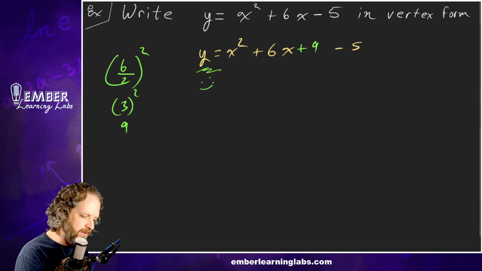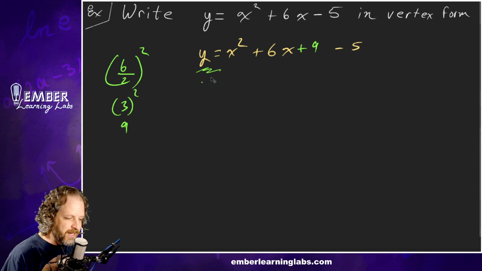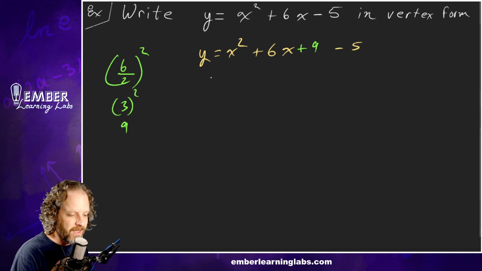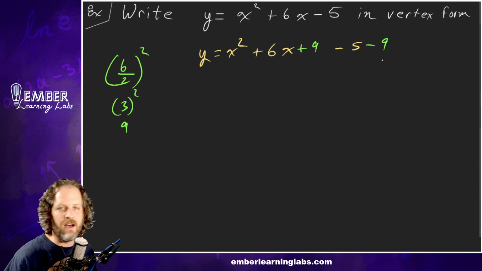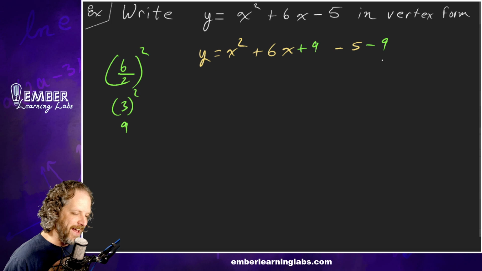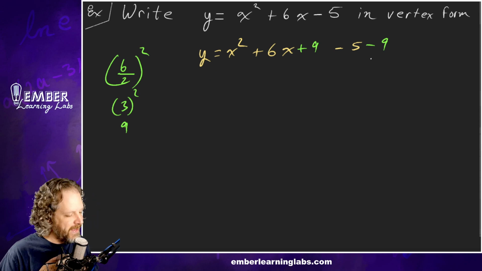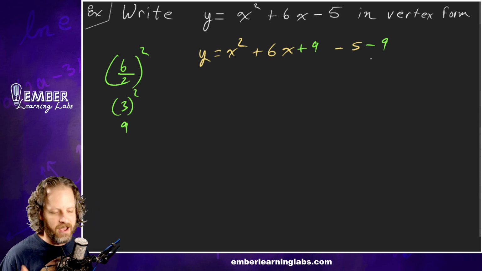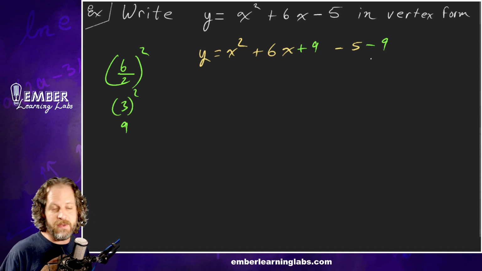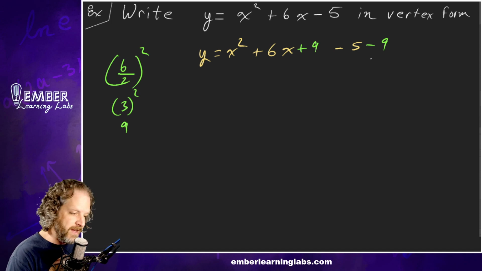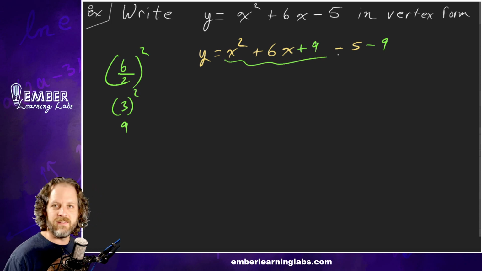We need to keep the bullies off of that. So how can we add 9 here? Well, just by subtracting it off again. If we add 9, we can subtract it off, and that keeps the value the same. Our equation's balanced. Y doesn't have any bullies. Easy peasy. Now we can factor this bit.